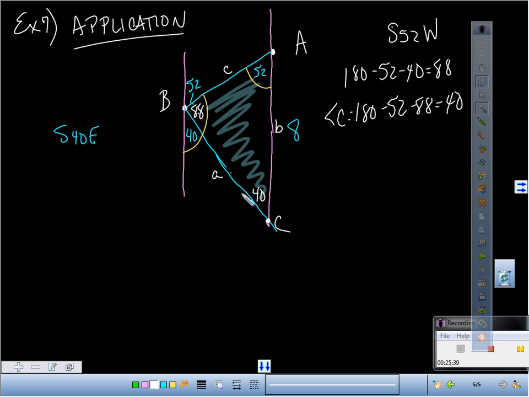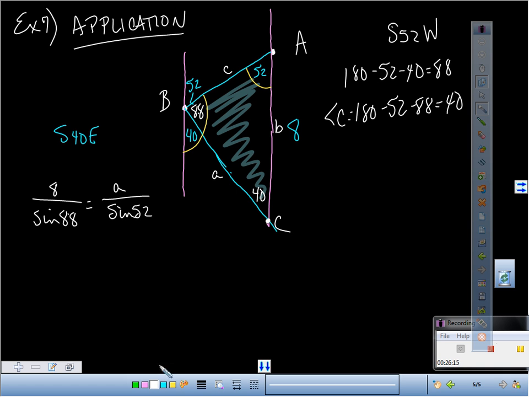Yeah, okay. All right. So now, let's find A first. Somebody set me up a ratio to find A. 8 over the sine of 88 equals A over the sine of 52.